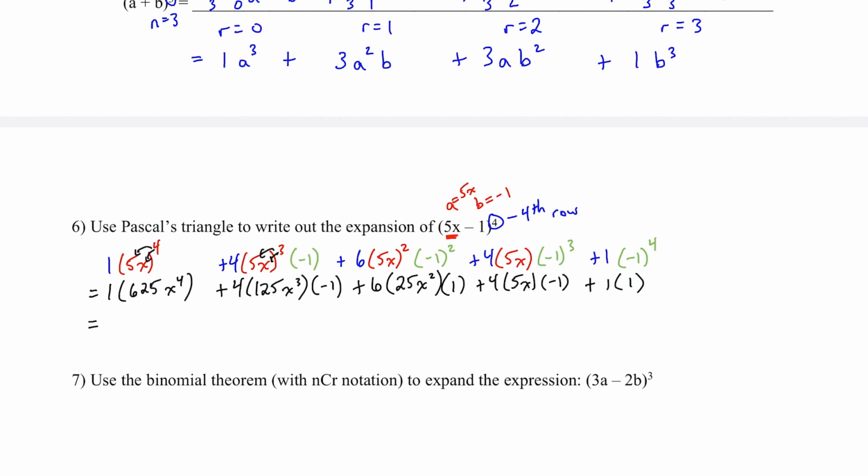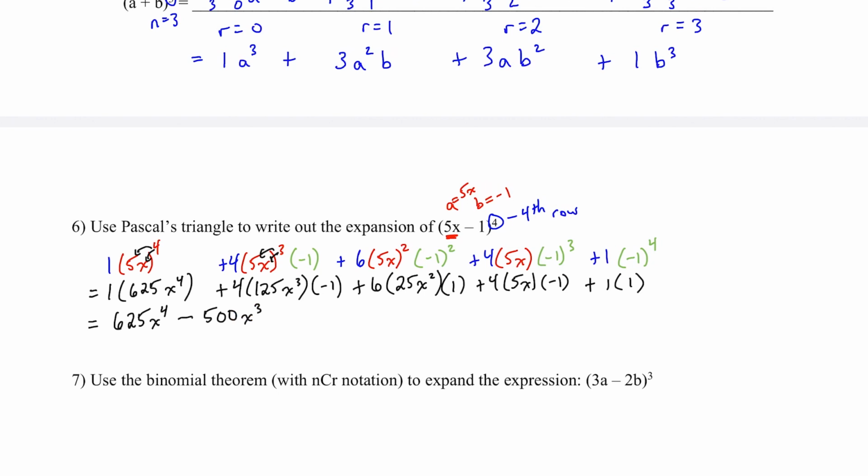My final step, I just expand each of the terms. So 1 times 625, x to the power of 4 is 625x to the 4. Next one. Plus 4 times 125x cubed times negative 1. Well, that's a positive times a negative, so this is actually going to be a negative number. And that gives us 500x cubed.